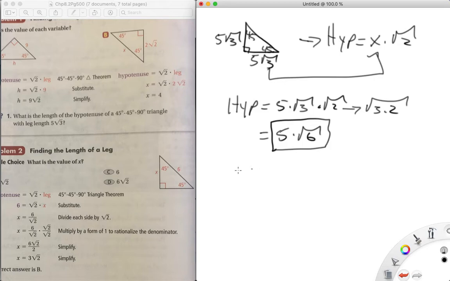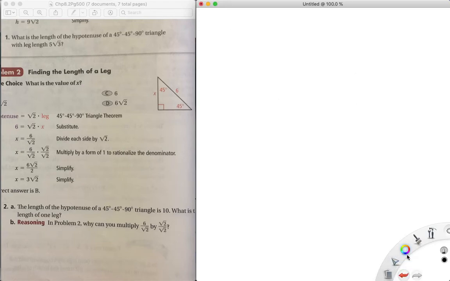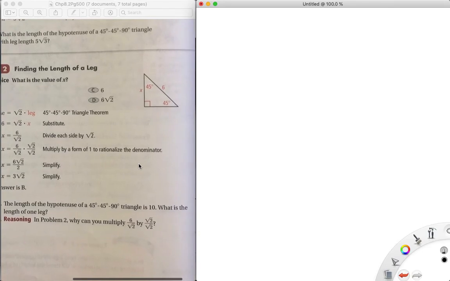Right, so for the next one, we have a 45, 45, 90, and they give me the hypotenuse. What's the length of the leg? They want to know what these sides are.